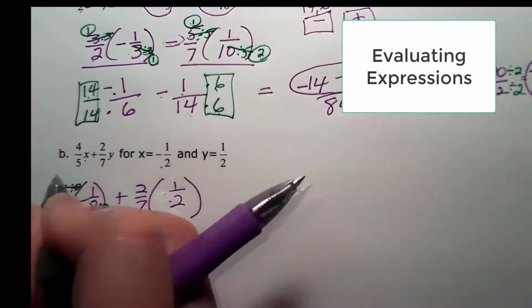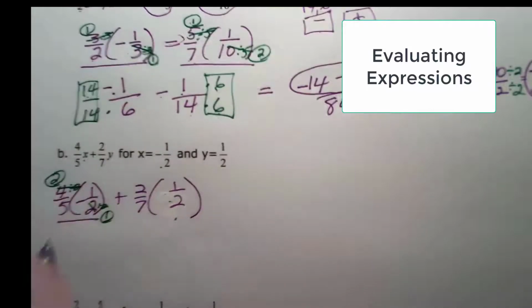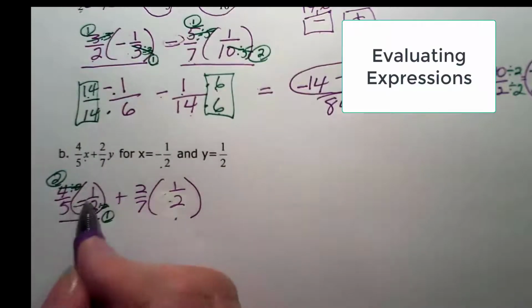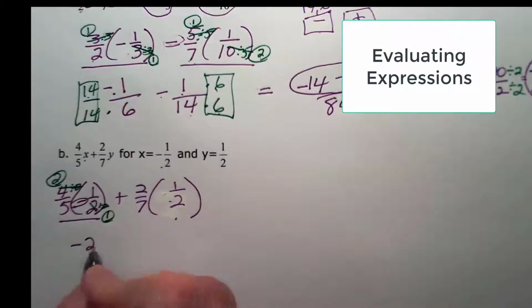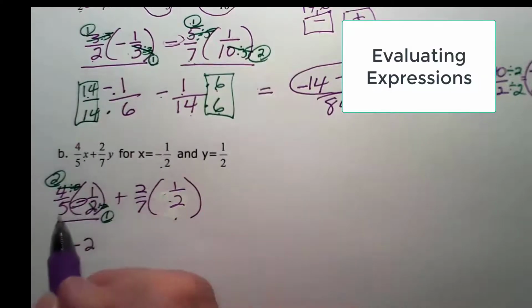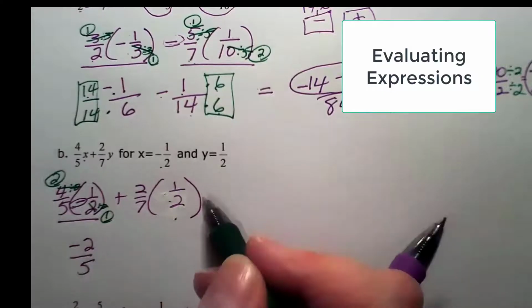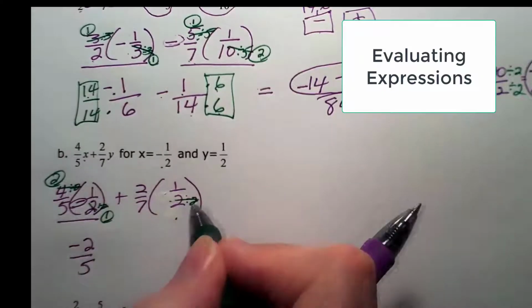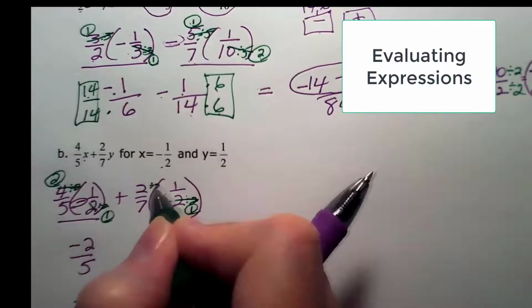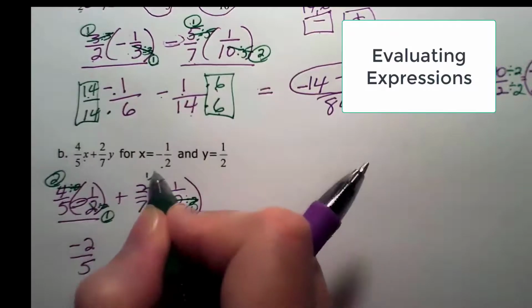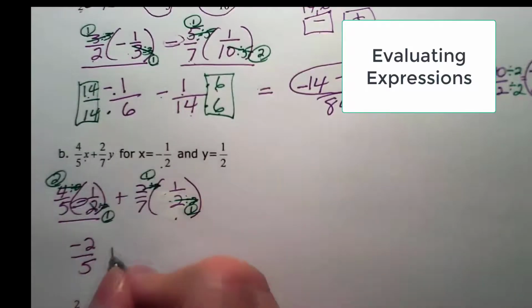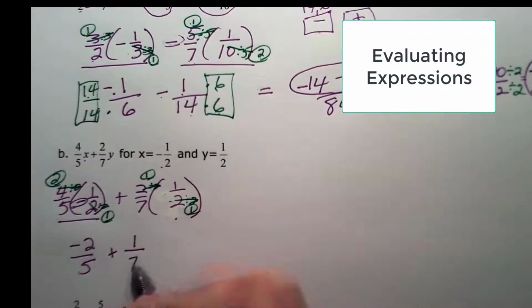Divide by 2 and get 2. Then I have 2 times negative 1 is negative 2. And I have 5 times 1 is 5. When I'm multiplying here, I can divide by 2 for 1, divide by 2 for 1, and I have positive 1 times positive 1, so 1, and I have 7 times 1.